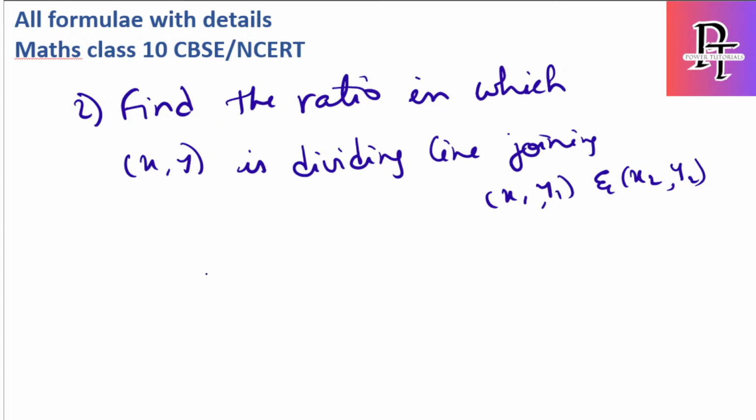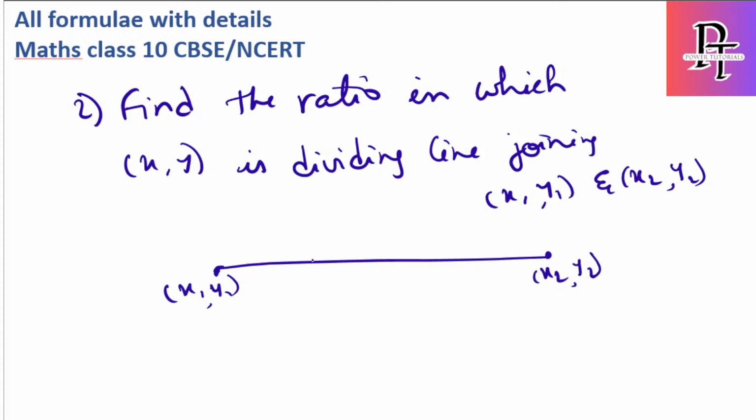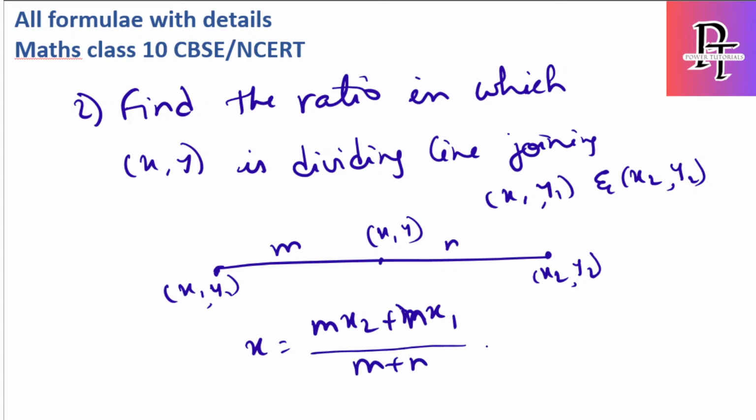So what is the formula? We have here x1 y1, x2 y2, and suppose this is x comma y, then m is to n, suppose I am considering it as a ratio, then the x point I can write as (m x2 plus n x1) by (m plus n), and the y value is (m y2 plus n y1) by (m plus n).